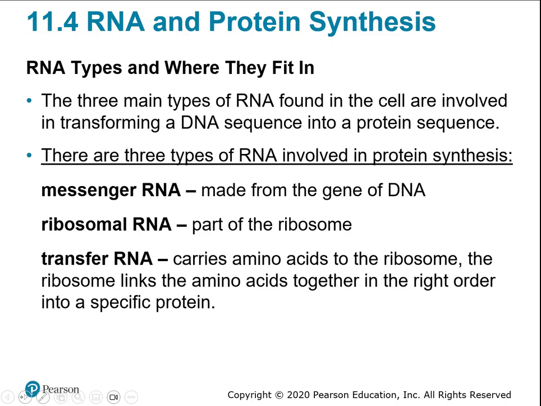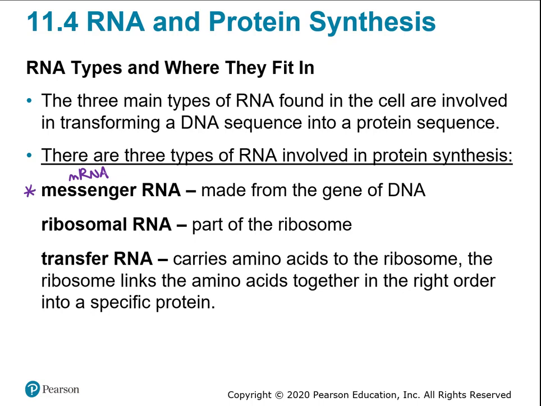You can make what is called messenger RNA, and they oftentimes just use a lowercase m, so they just put mRNA. That stands for messenger RNA. This is what's actually made from a gene.